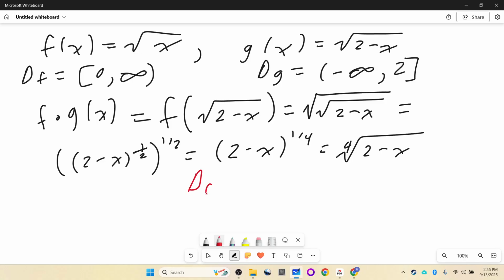Domain of f of g would be, if I look at this, it's an even root, so it'll still be negative infinity to 2. We would also have to make sure that the first function worked as well. If for some reason this square root somehow got canceled out, or an extra square root got added or something, we'd have to be careful to make sure each step worked.